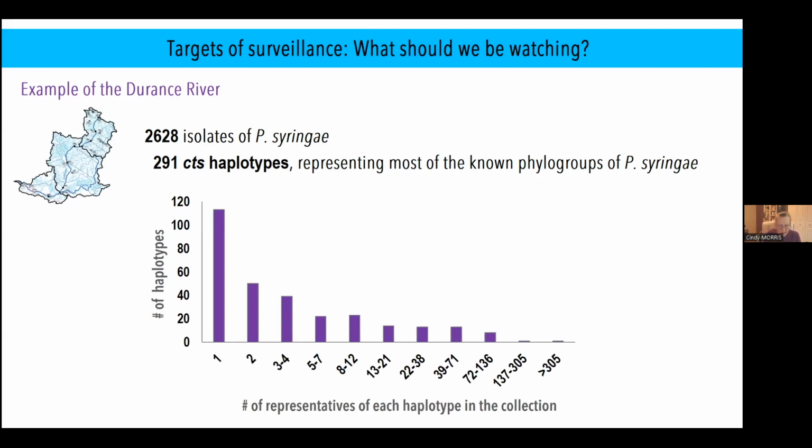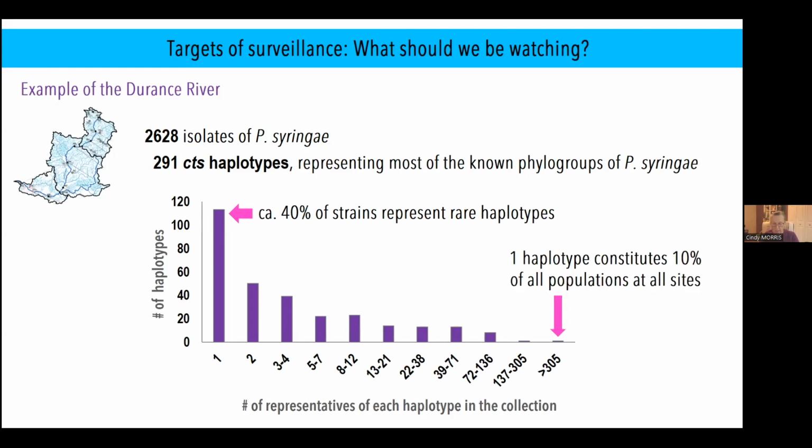This is a classic species abundance curve where you have a lot of haplotypes that were only detected once in all our samples. About 40% of the strains represent ones that are only detected once in the sample. And then you have ones that were detected fewer and fewer times. And then you have one haplotype that constitutes 10% of all populations at all sites.